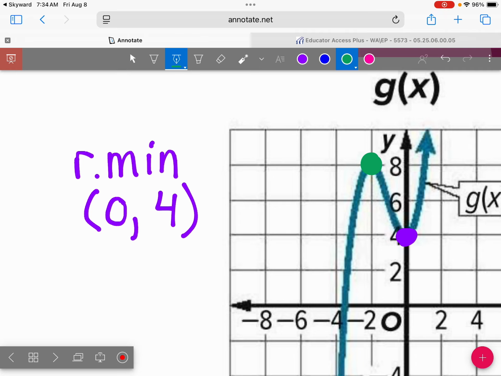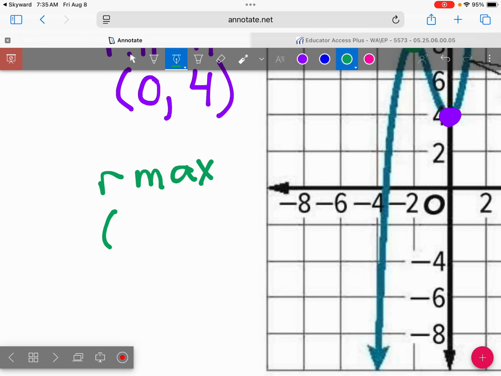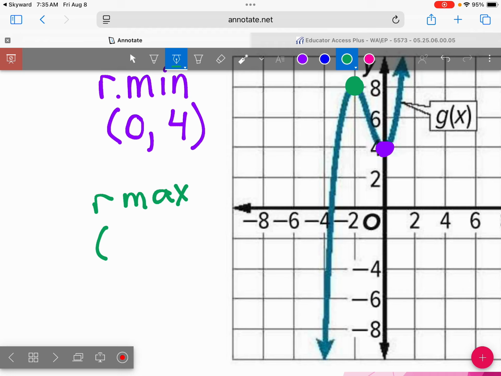It only stopped because we stopped printing the graph here. So this is not an absolute maximum, it's just a relative maximum. So we're going to have times when we don't have absolutes, and that's okay. This is a relative max, and it is at the point, what is our point on this one? -2, 8. Perfection.